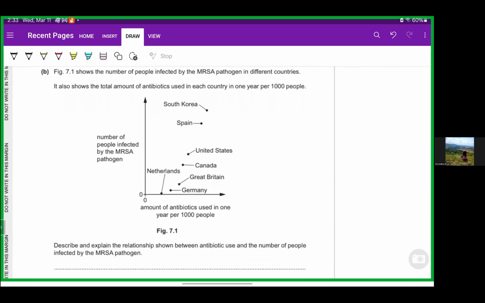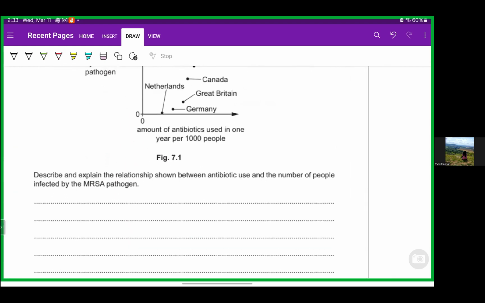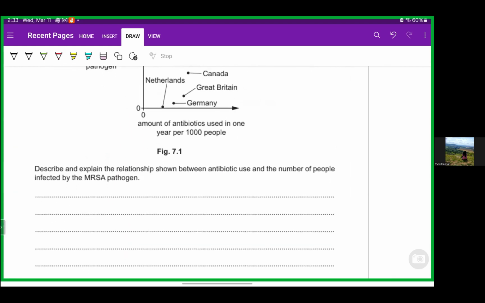You can see that as the amount of antibiotics used in 1 year per 1,000 people increases, it also increases the number of people infected by the MRSA pathogen. So they are asking you to describe this relationship and explain it.